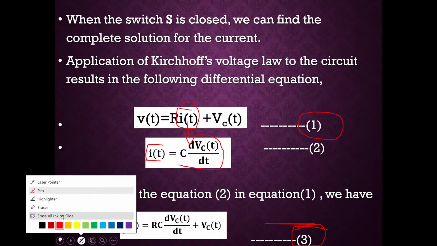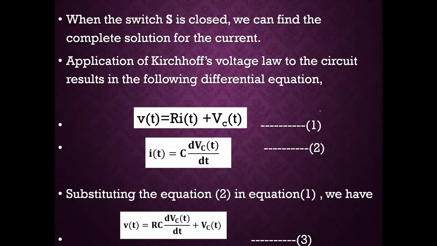If you are copying the equations, copy down quickly. So simply what we have done is, we have applied Kirchhoff's voltage law to the given circuit. After applying KVL, what is our KVL equation? That is equation number 1: V of t is equal to R into I of t plus Vc of t. And the current through the capacitor formula is I of t equal to C into d by dt of Vc of t.